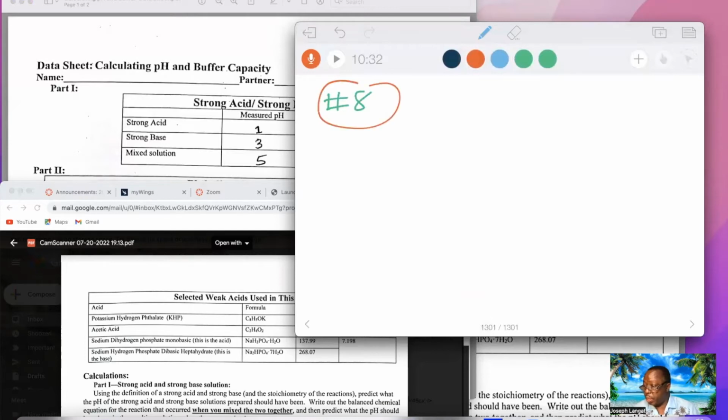For number 8, pH of KHP solution, this is a weak acid.